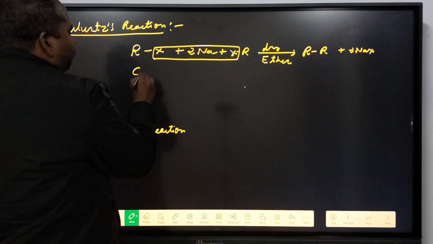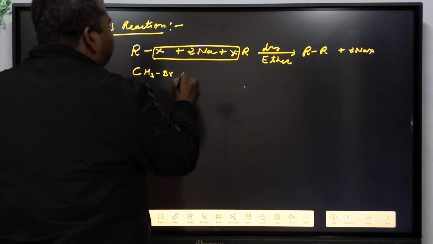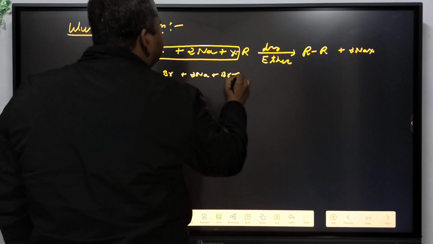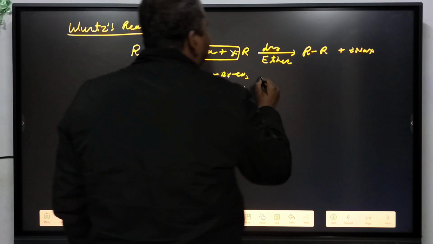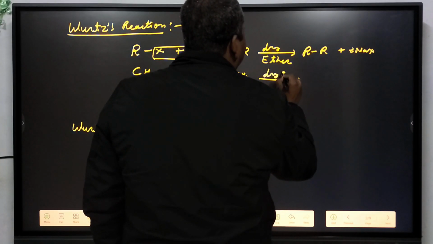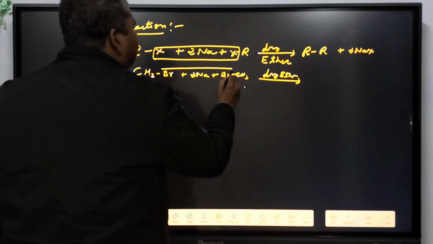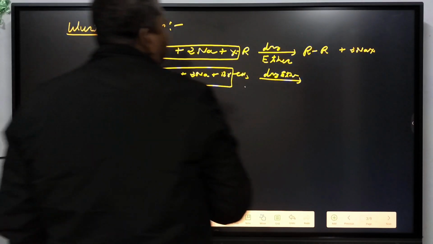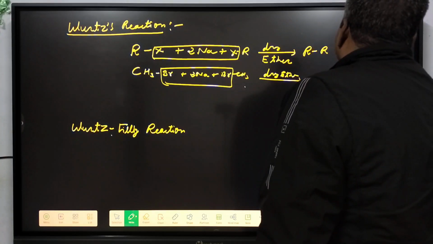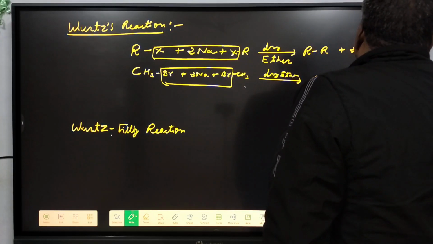For example, CH3Br plus sodium metal plus BrCH3 in dry ether. Here obtained CH3-CH3 plus 2NaBr.